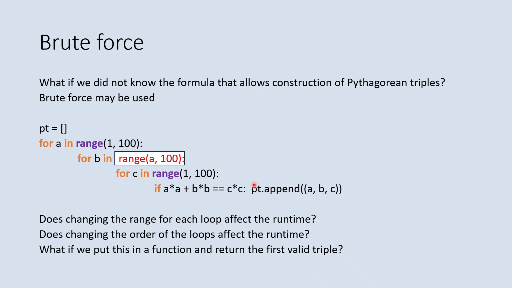Rather than appending to a list somewhere, we say, okay, this one works, return A, B, C. And so we can definitely see that looking through things in one order might be more likely to find a solution sooner, whereas other orders might find solutions later.